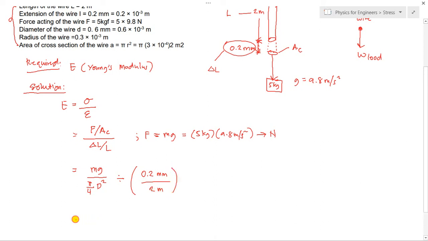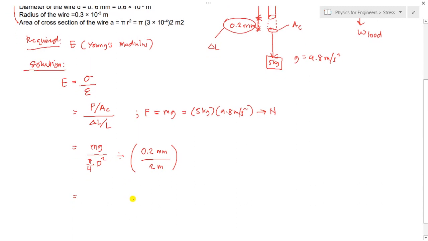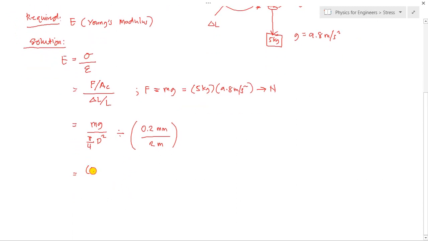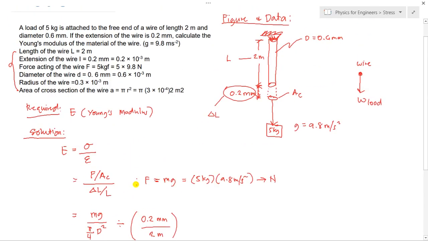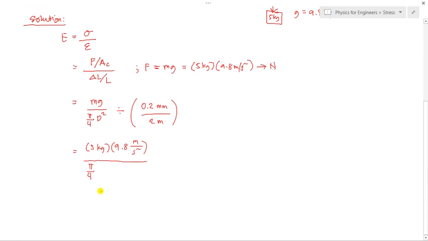So mao ni atong buhaton, and then we're going to plug in the values. So mass is 5 kilogram. Acceleration due to gravity is 9.8 meter per second squared. Divide by pi over 4. Then ang diameter sa atong wire is 0.6 mm.